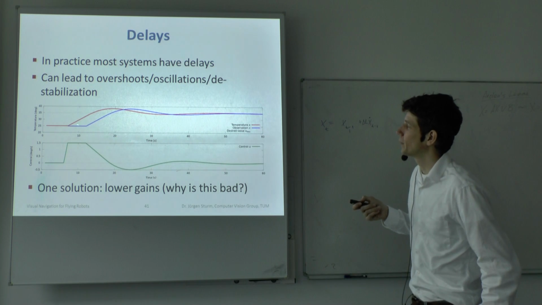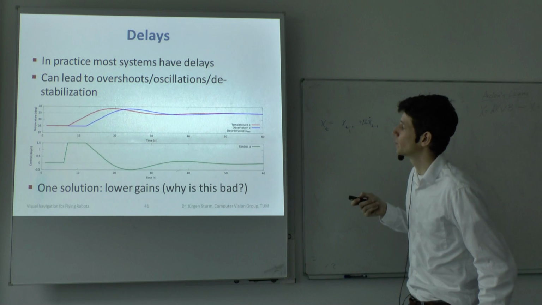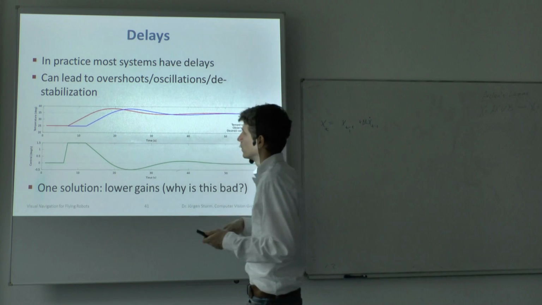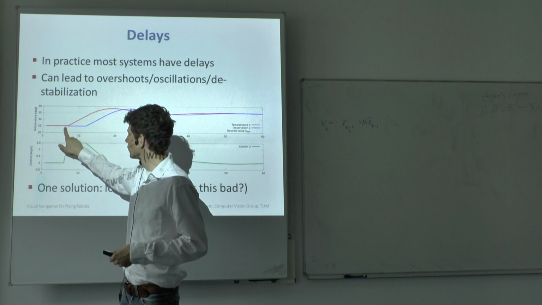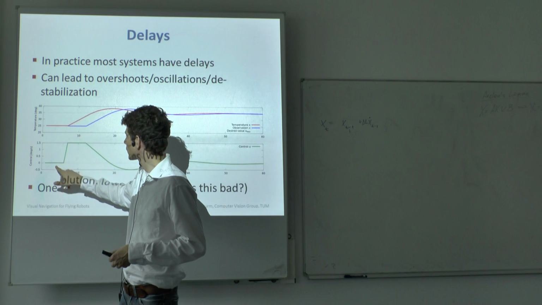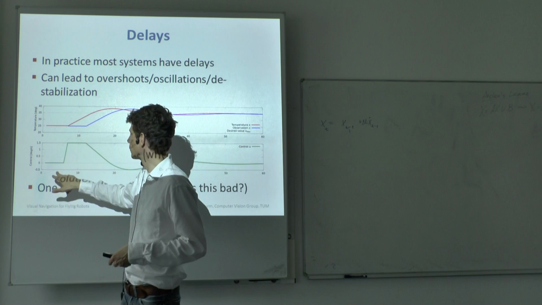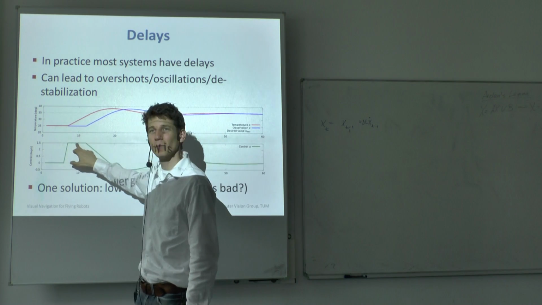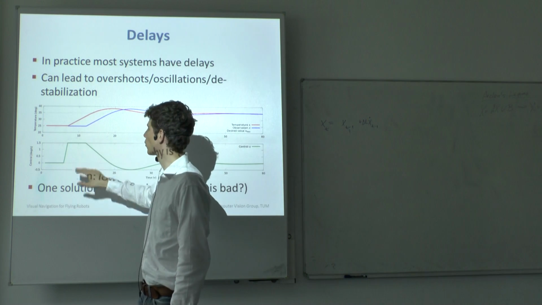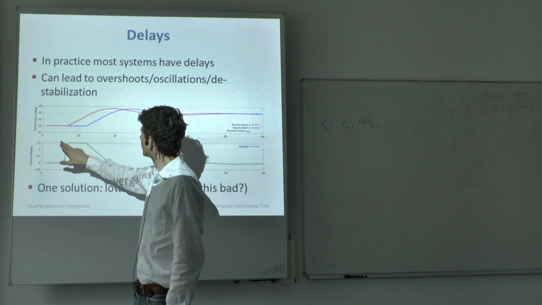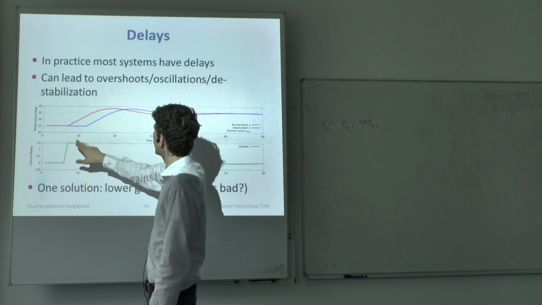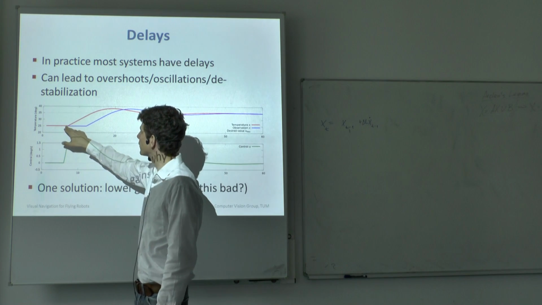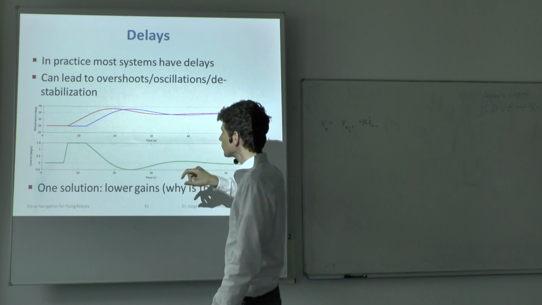So, for example, imagine that we have a time delay of, I think, 5 seconds here. So the control starts after 5 seconds. It will immediately give the maximum possible positive control, and that will immediately change the system.